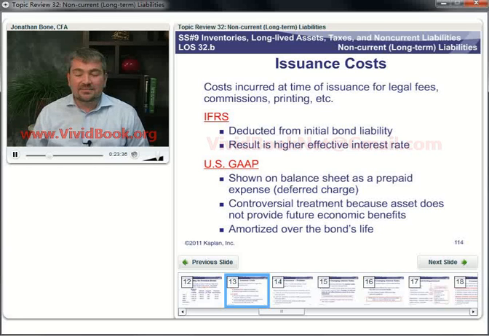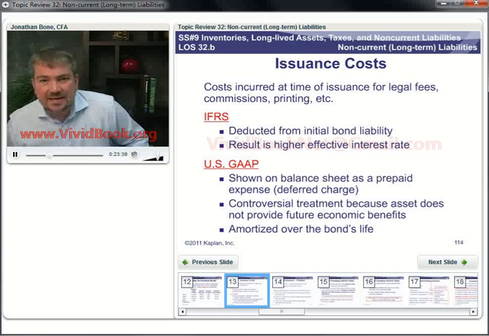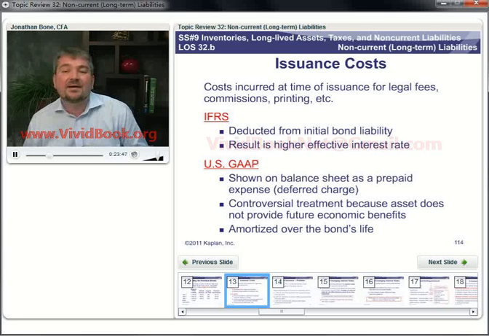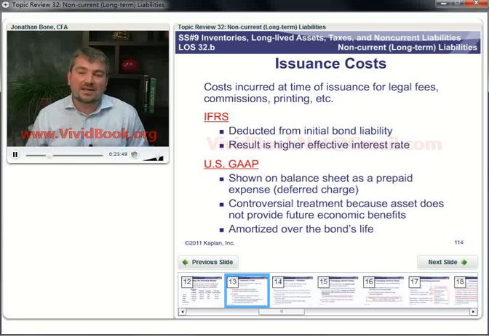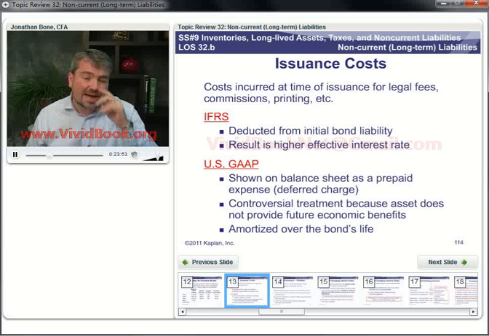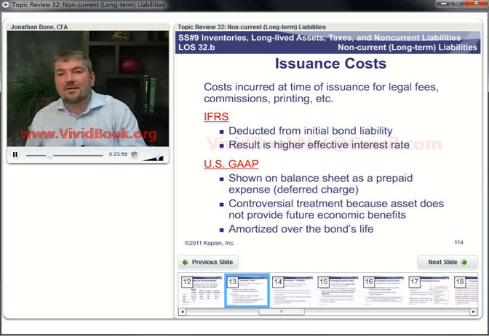Now this is very controversial because you've got an asset sitting in your balance sheet even though it doesn't lead to any future economic benefits. So it doesn't really fulfill the classification of an asset. Remember, to show an asset, really we need to have a future flow of economic benefit. But it does mean under US GAAP that the liability figure initially will be bigger and the effective interest rate will be lower compared to IFRS.